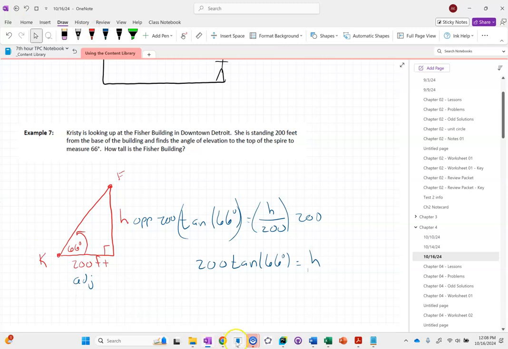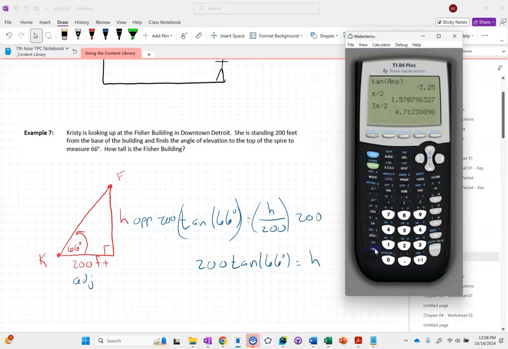What do I need to do before I start typing this into my calculator, though? I need to change the mode from radian to degree. Very good. Will I have to do this during the test? Yes. There will definitely be problems that require different modes on your calculator.